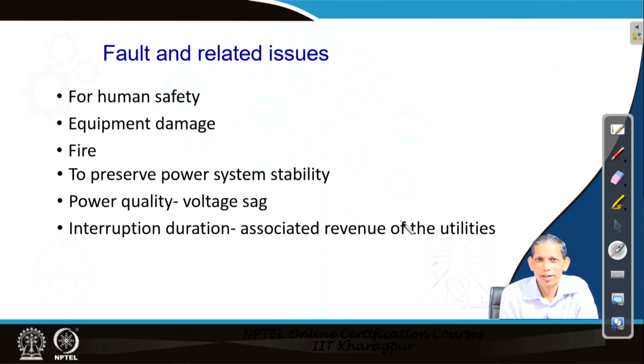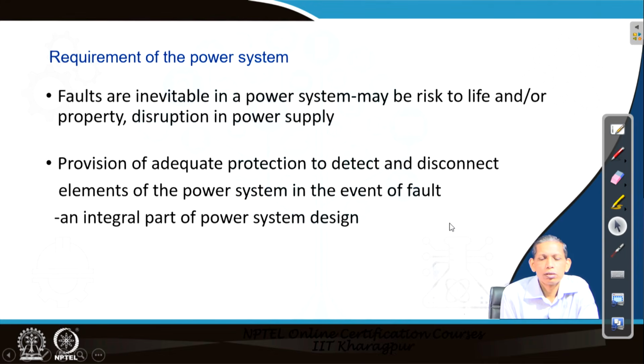So, the fewer the faults in the system, the better. From a power system operational perspective, faults are inevitable. Yes, we can reduce the number of faults in a system by routine and preventive maintenance.